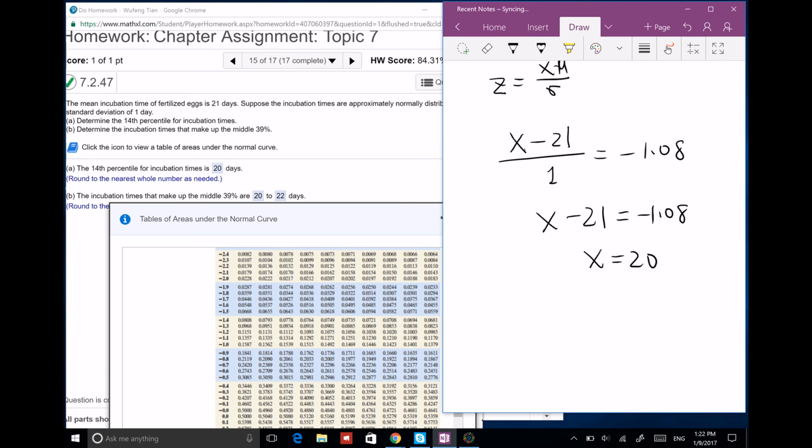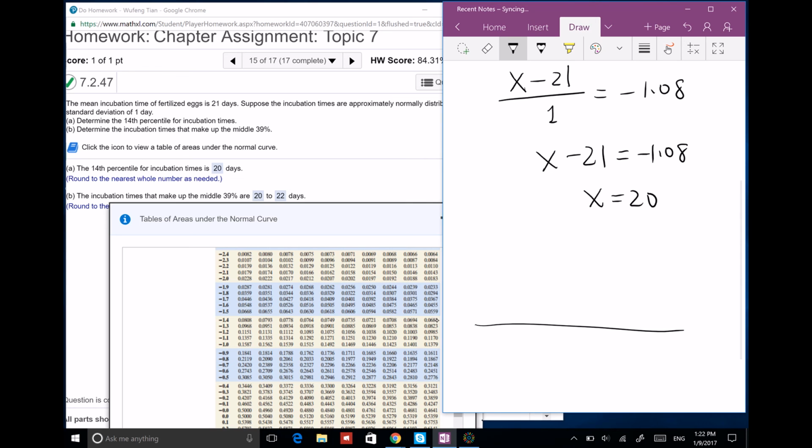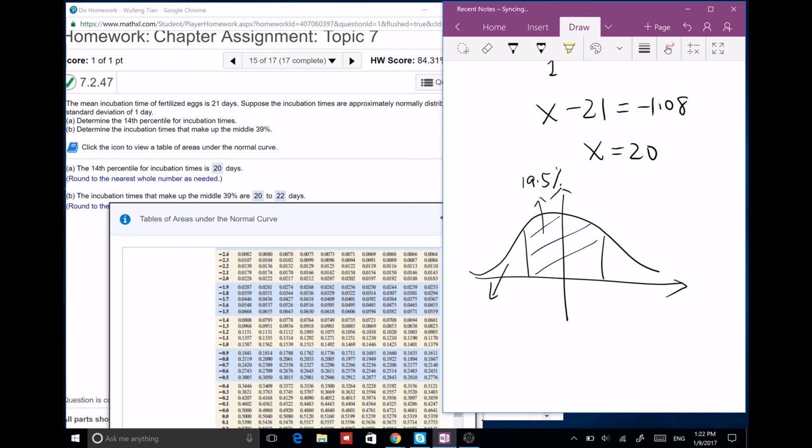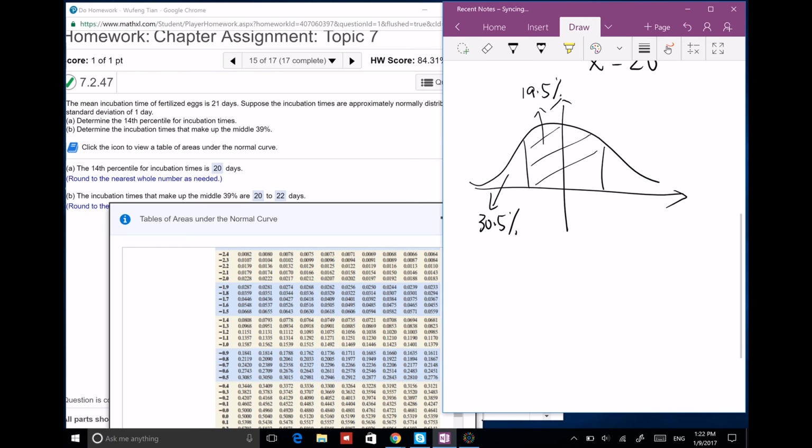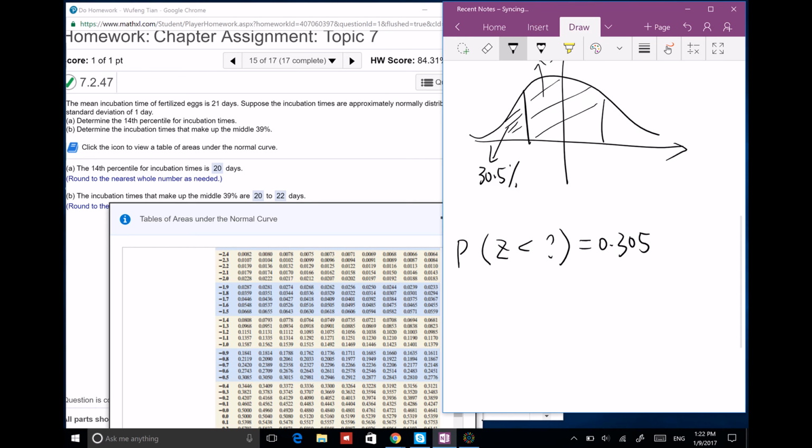The other thing will be the same idea. Okay. The middle is 39%. So for each of the tails it's 19.5%. So for this one it's 50 minus 19.5, 30.5%. So basically you are looking for whatever z, question mark, such that P z less than or equal to that number gives you 0.305, 30.5%.